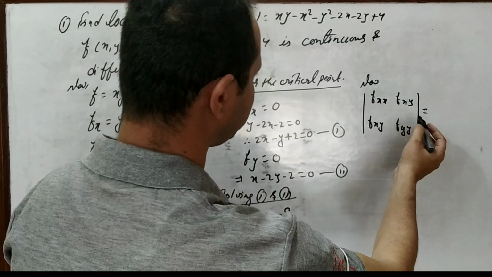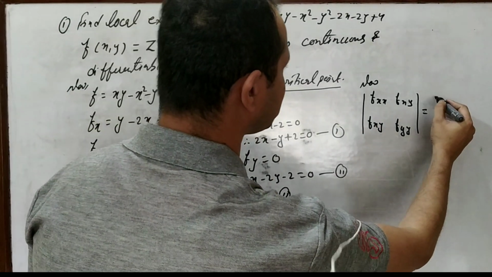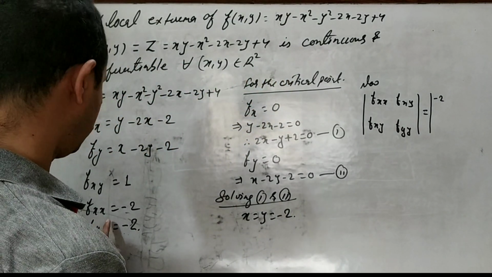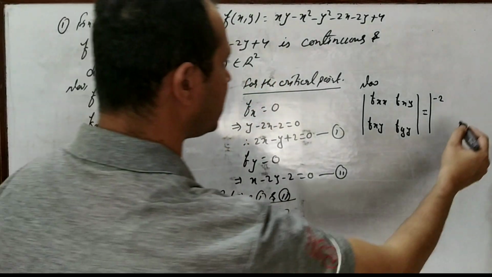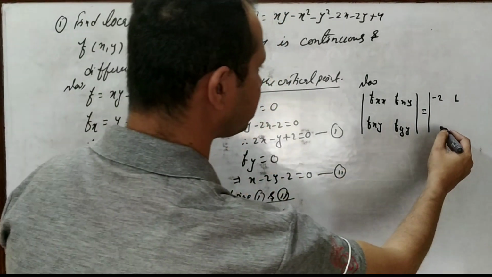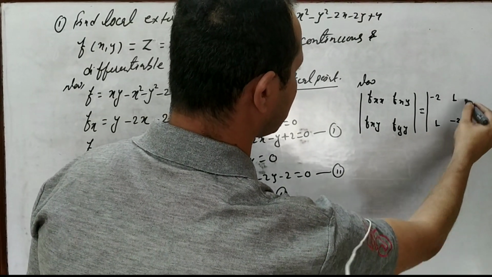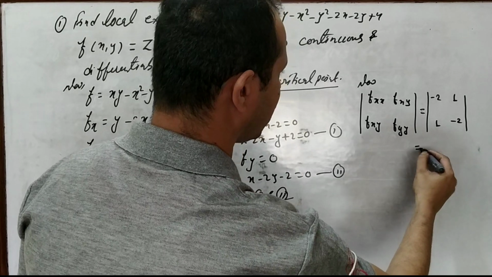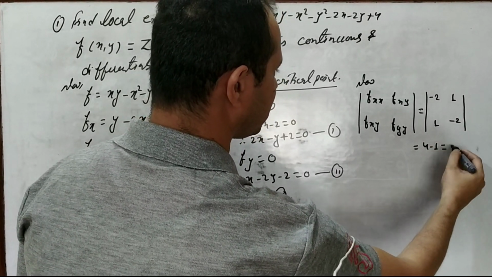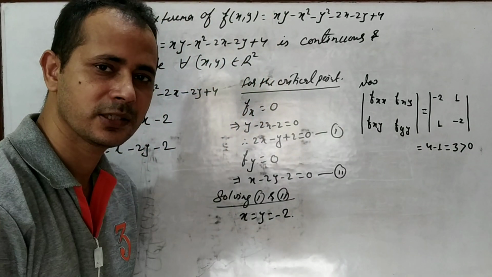Now putting the values, fxx minus 2, fxy 1, fxy again 1, fyy minus 2, and the value is equal to 4 minus 1 is equal to 3, which is more than 0. The discriminant is more than 0.